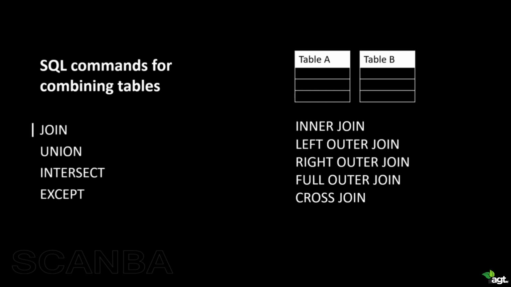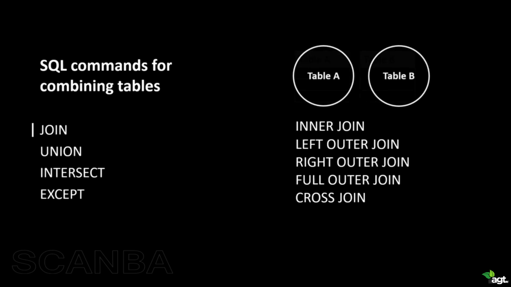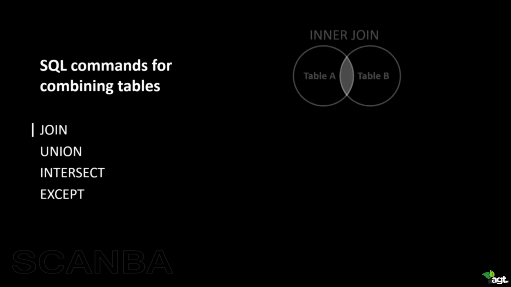Although the join commands work with tables, sometimes for illustration purposes, the tables are shown as circles. The inner join command, or the simple join, returns a table that has records which conform between table A and table B. Here we should say that in order to make the join possible, both tables should have similar columns.